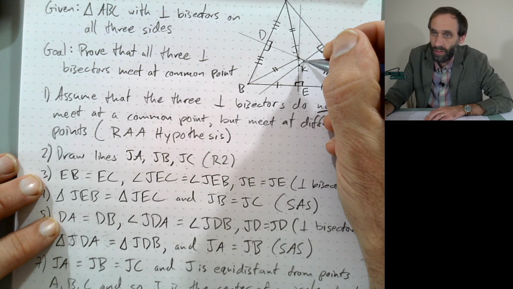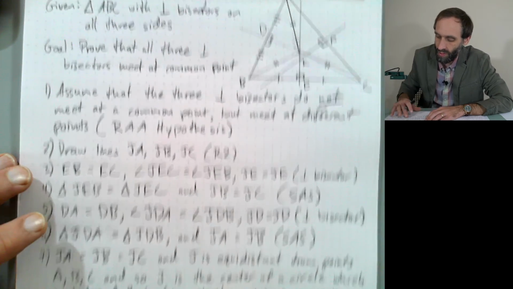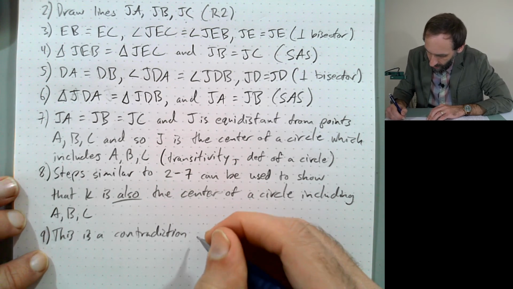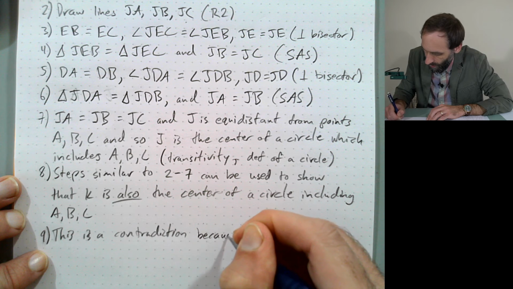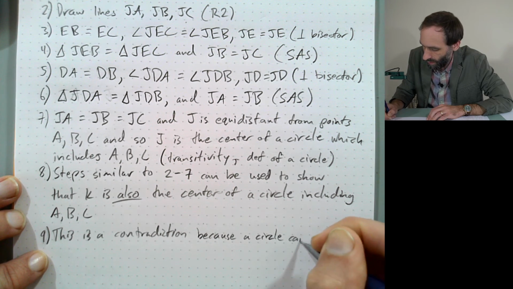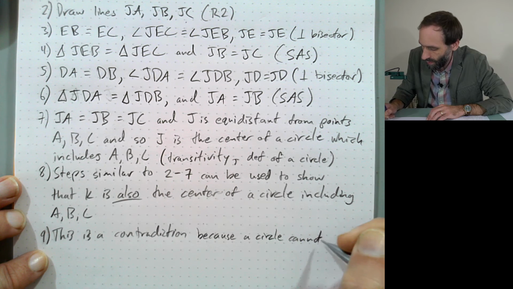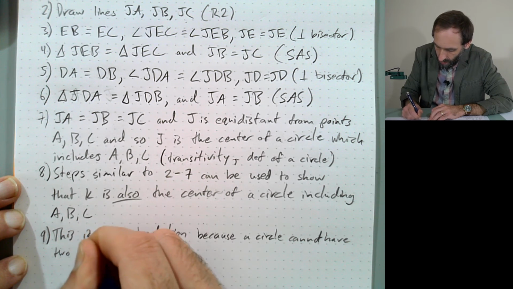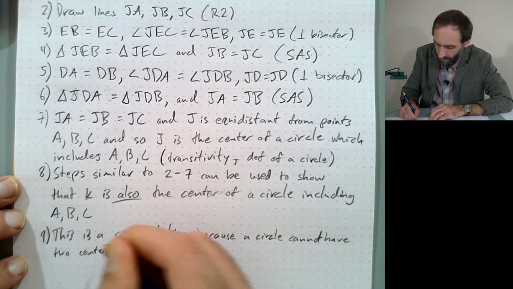There would actually be a third one here, but even two is enough to reject this hypothesis, because this will lead to a contradiction, because a circle cannot have two centers.